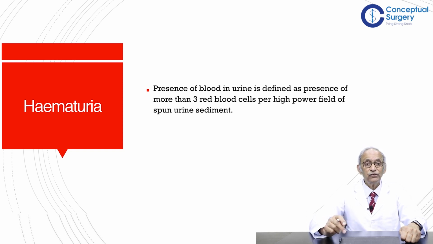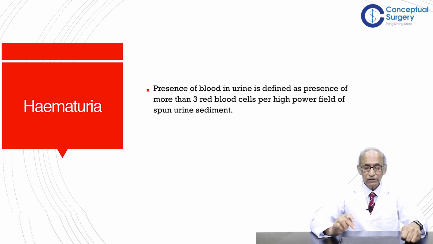Now the shape of the cells, the morphology of the cells, all this is important, which we will talk about as we go along. And it is important to remember that even a very small quantity of blood in the urine makes the urine very red. For example, if you mix 1 cc of blood in a liter of urine, even that will look very red.